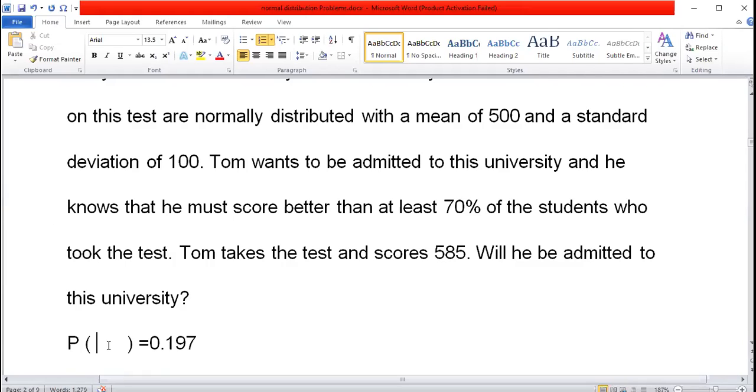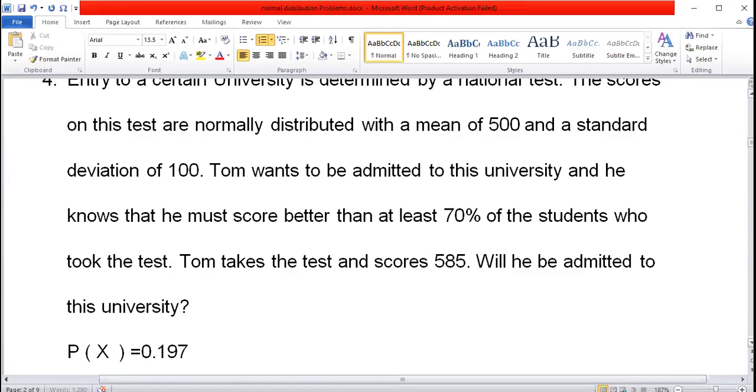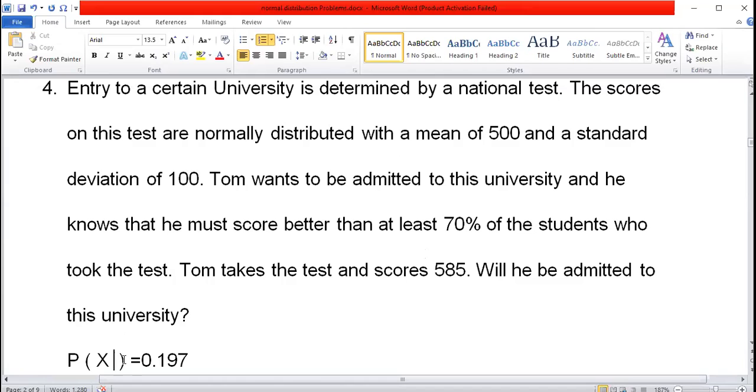So you are saying probability of x equals 585? No, Professor, that would be almost 0. Now you don't know even which probability you have found. What did you do in probability and statistics class? I'm very worried.